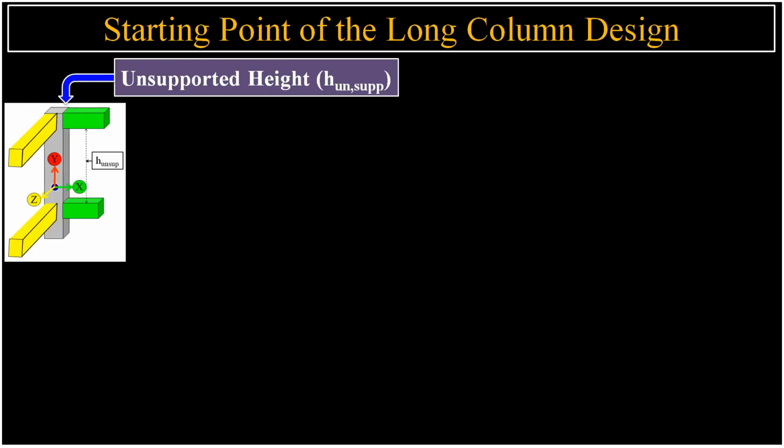First, we must determine if a column is short or long. To do this, we begin with the unsupported height of the column. This height is the clear distance between the top of the lower support and the bottom of the upper support.